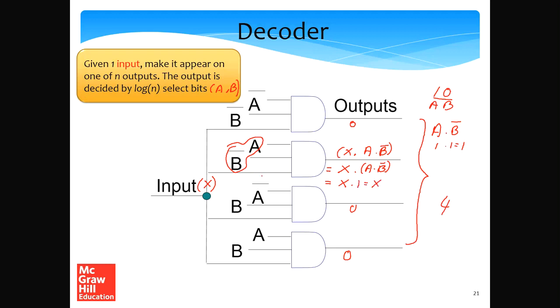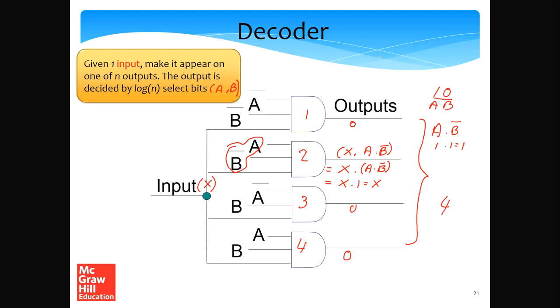So what we can see is that if this combination is true, which is A and B complement, then the output of the second AND gate, which is chosen by the select bits, is equal to the input, which is x.